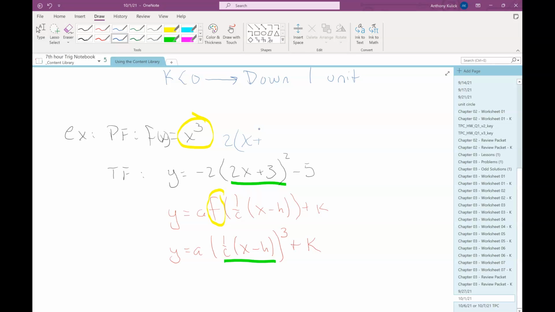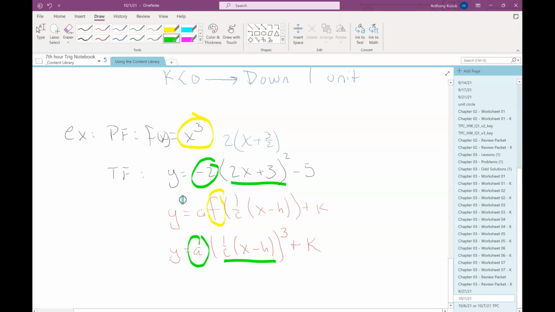Well, when I factor something out, what operation am I doing? Division. So I'm going to have 3 divided by 2. Now you could write that as a decimal, but I'm just going to write it as the fraction 3 over 2. Is everybody okay there? Okay.